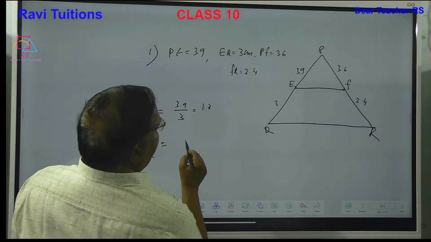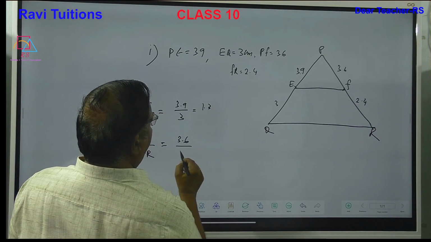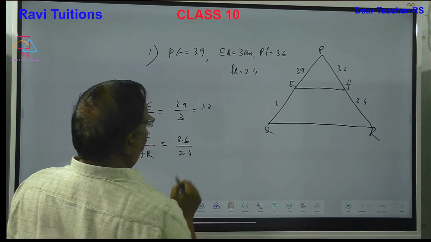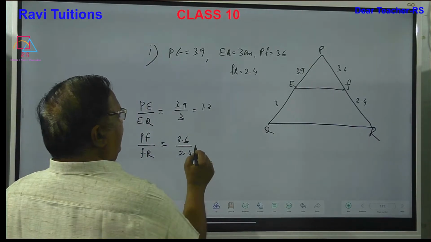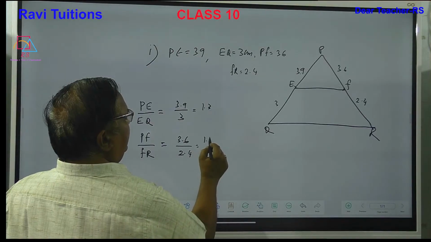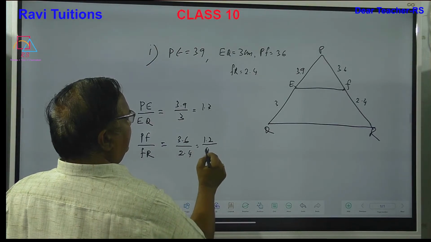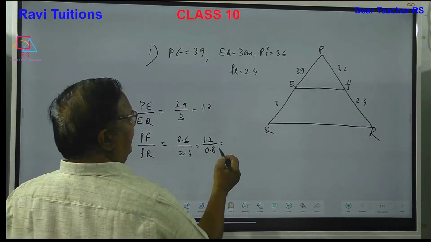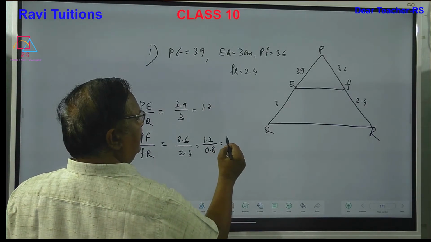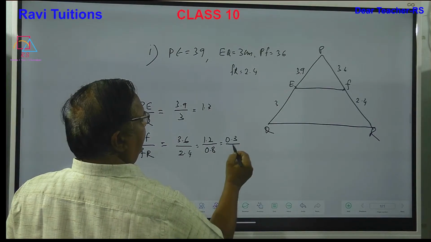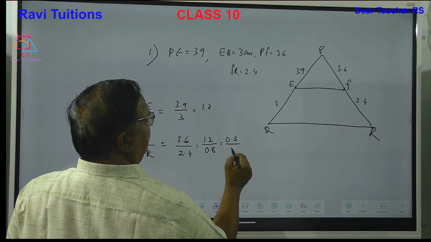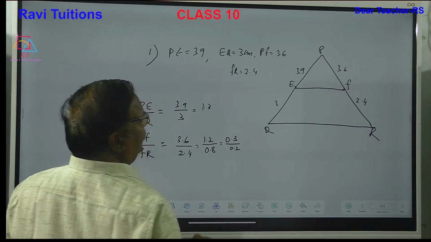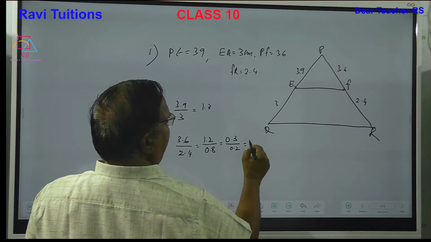So this is how much? 3.6 by 2.4. So the 3 table will go: 1.2 by 0.8. Again the 4 table will go: 0.3 by 0.2, which is equal to 1.5.